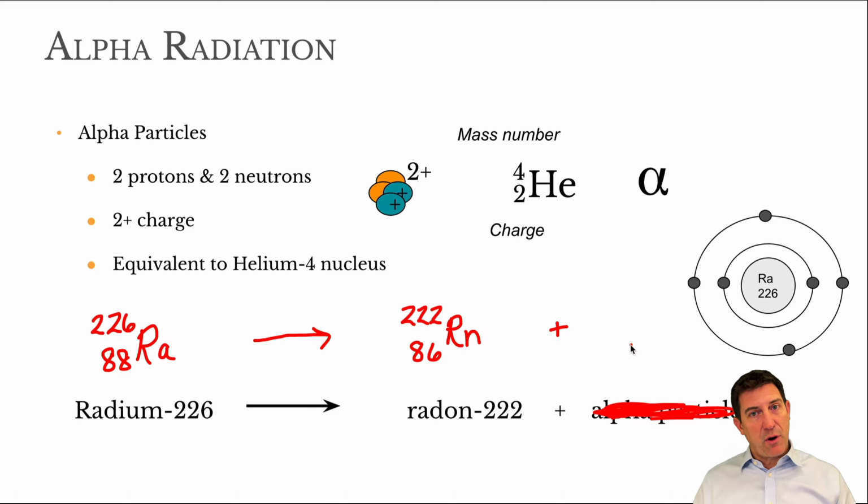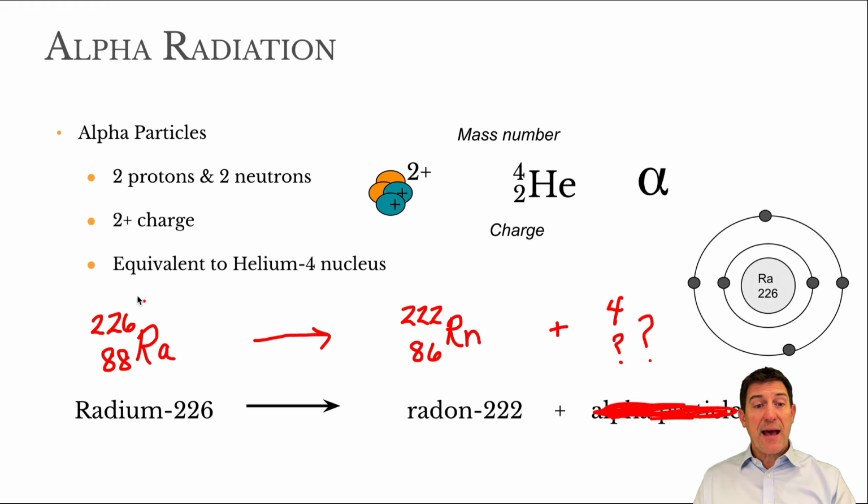What radioactive particle did it release? Well, I'm going to put a question mark here, and here, because we're going to write it like this: something plus 222 equals 226. What? Wait. 4 plus 222 is 226.